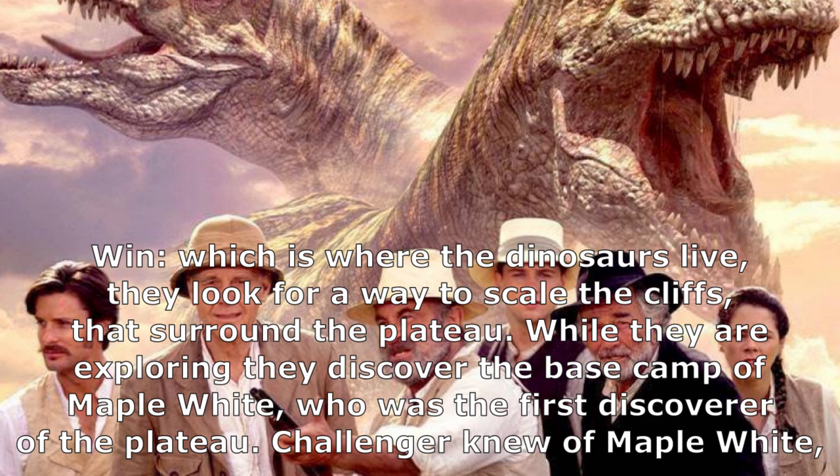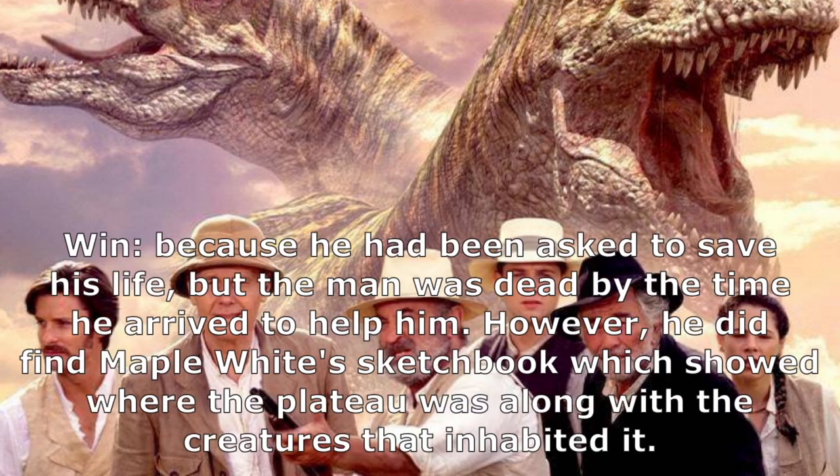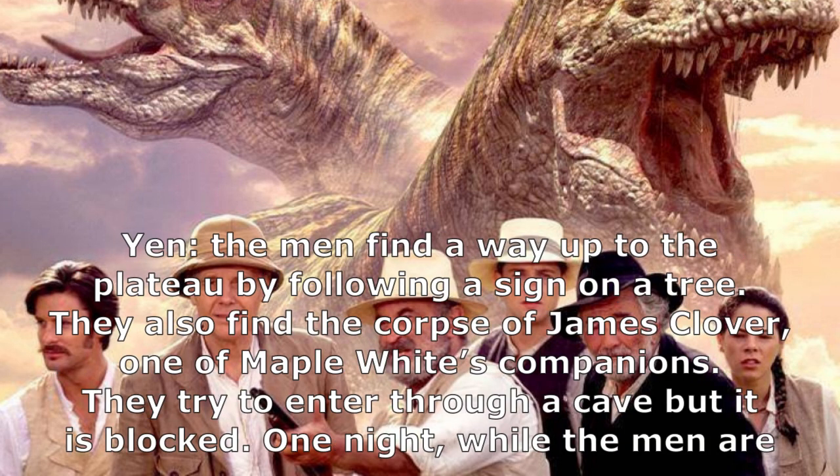Challenger knew of Maple White because he had been asked to save his life, but the man was dead by the time he arrived to help him. However, he did find Maple White's sketchbook, which showed where the plateau was along with the creatures that inhabited it. The men find a way up to the plateau by following a sign on a tree.